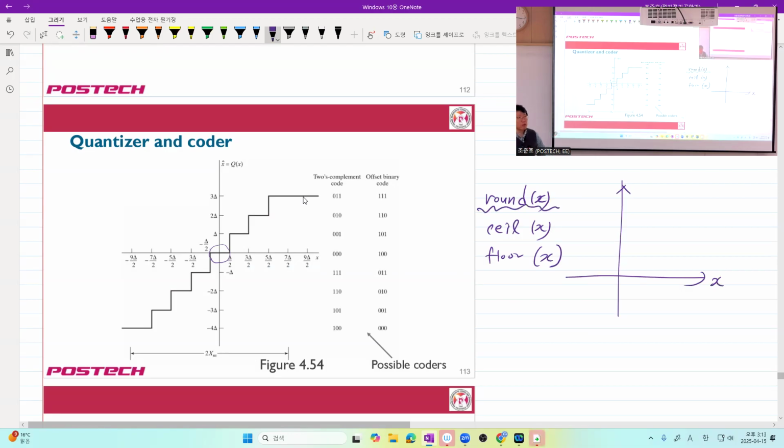So let me ask you, what is the graph of round of x when x is real? As you know, up to 0.5, you have 0, and from 0.5, you have 1.